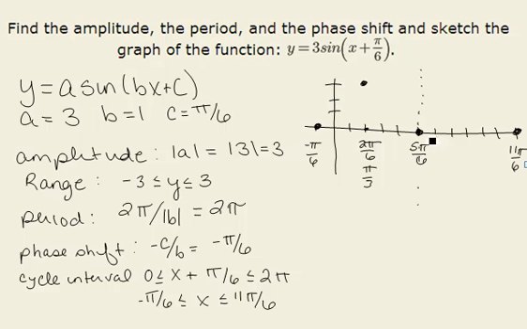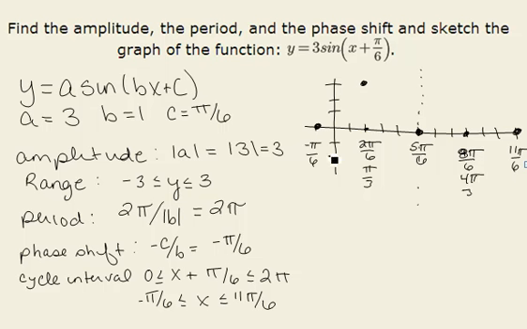Likewise, our minimum value at negative 3 would be halfway between 5 pi over 6 and 11 pi over 6. Going over 3 in each case, I would be at 9 pi over 6, or rather, not 9 pi over 6, but 8 pi over 6, which is 4 pi over 3.